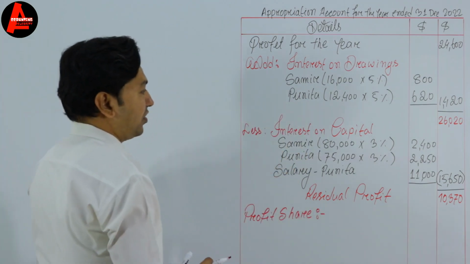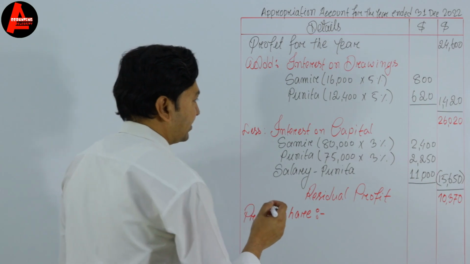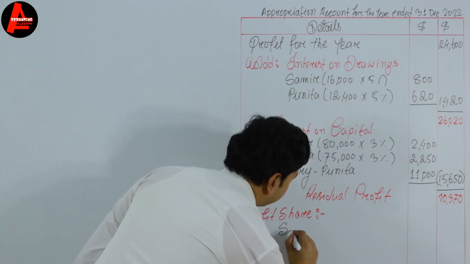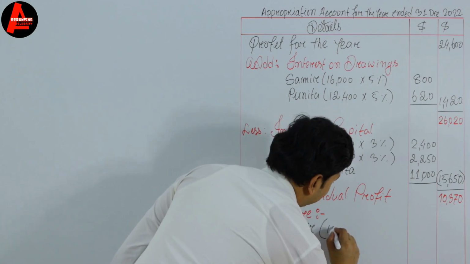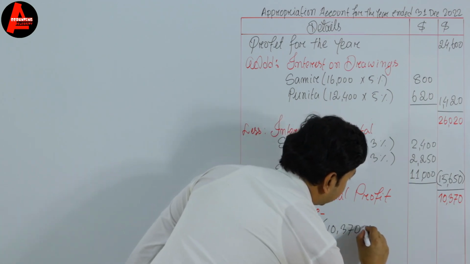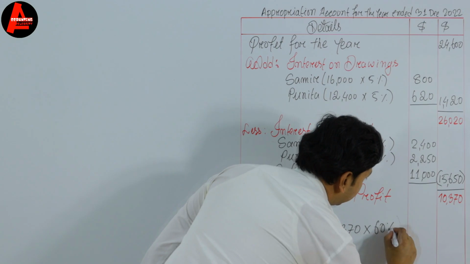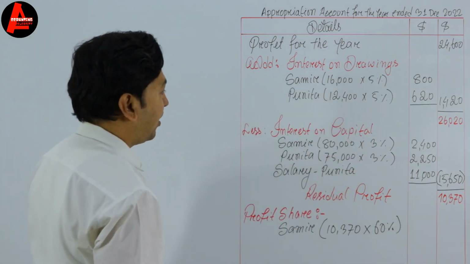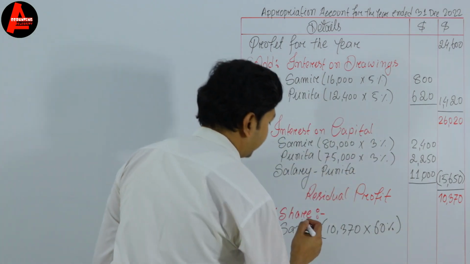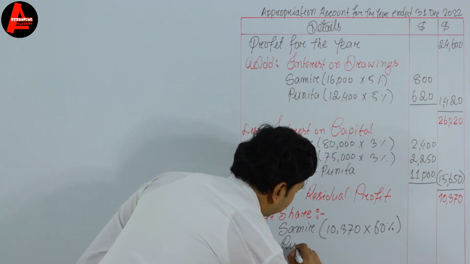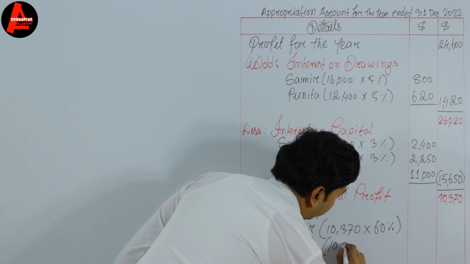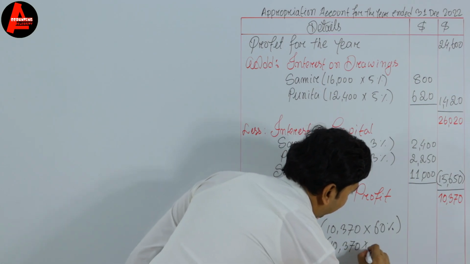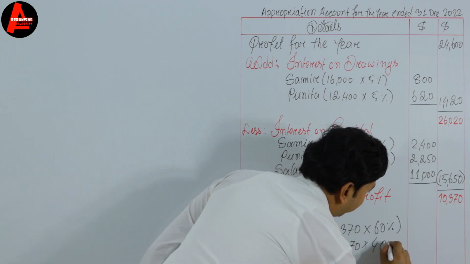Here Samir will get 60%. So let us write here Samir, $10,370 times 60%, and Punita will get 40%. So here we will write Punita, $10,370 times 40%.